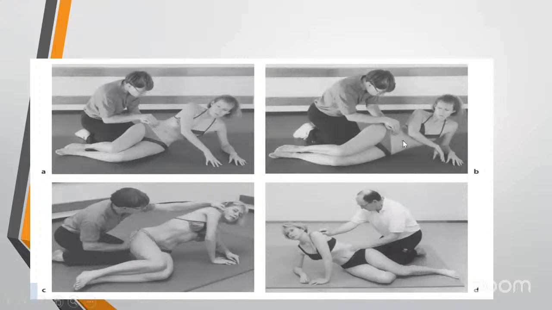We have here somebody on the mat, and we have pelvic and scapular pattern exercises being conducted. We could see the first one here is preparation into rolling. We could see anterior elevation of the pelvis.